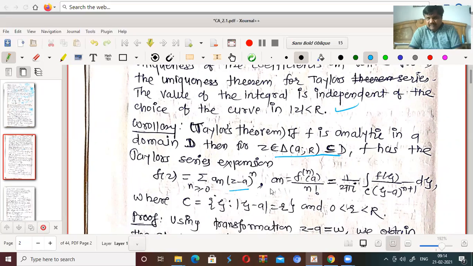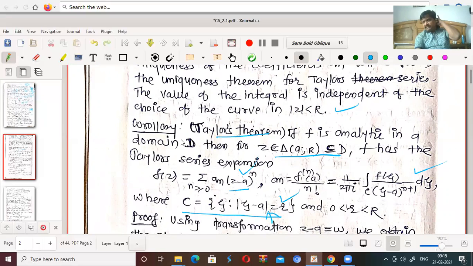So rather than considering center origin, we are considering here the center as any arbitrary point a, and the expansion is called Taylor's theorem, where a n is the nth derivative of f at a divided by n factorial, and which is equal to 1 upon 2 pi i integral over C of f(xi) upon (xi minus a) to the power n plus 1 d xi, where again C is the circle having center at a and radius R.